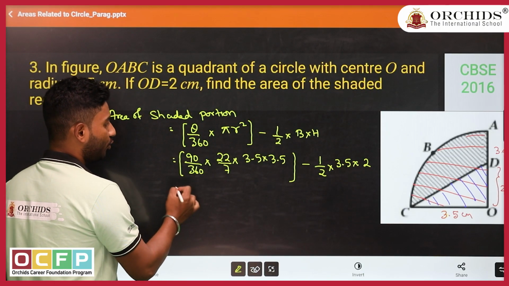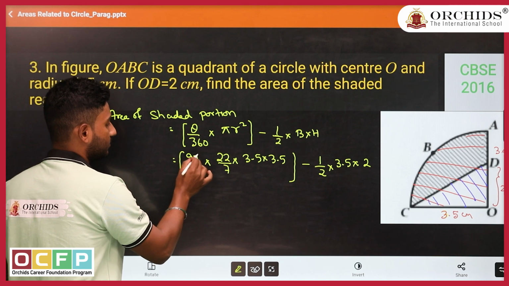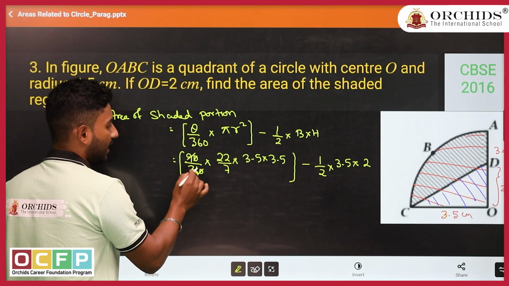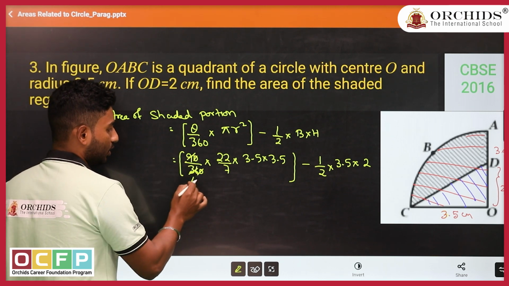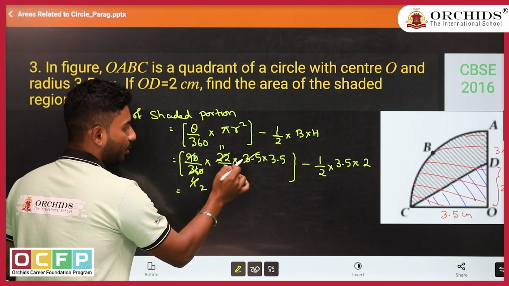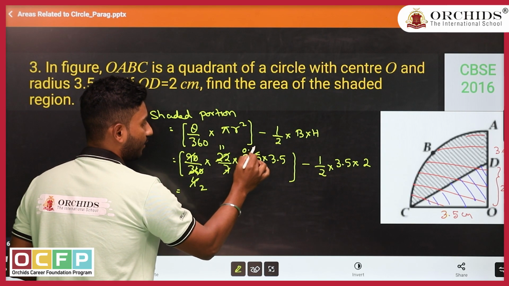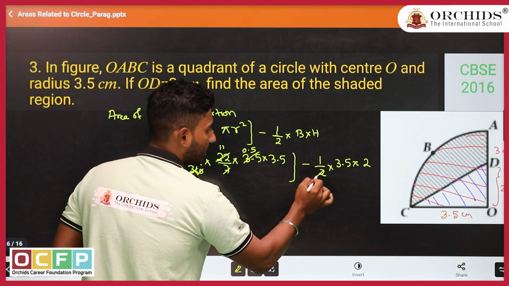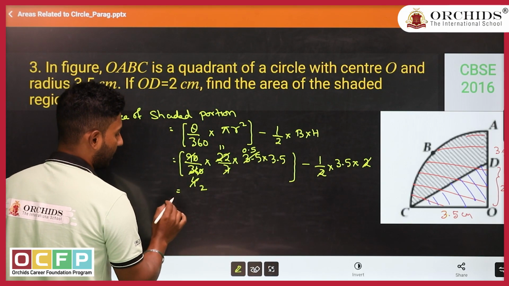Now before you multiply, just simplify first. 0 and 0 gone, 9, 36, 4, 2, here also 2, 11, 3.5, 7, 0.5, yes, here also 2 and 2 gone. So what is remaining?